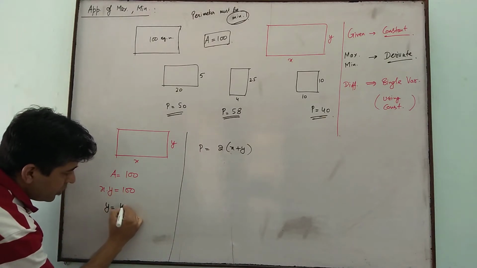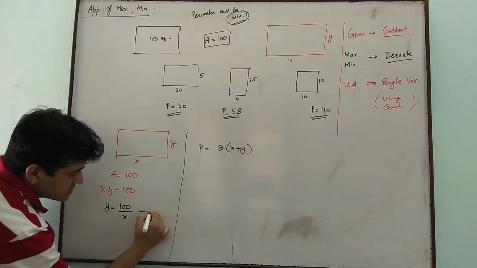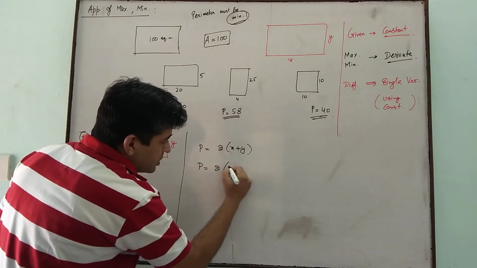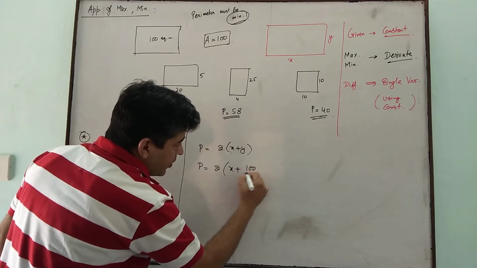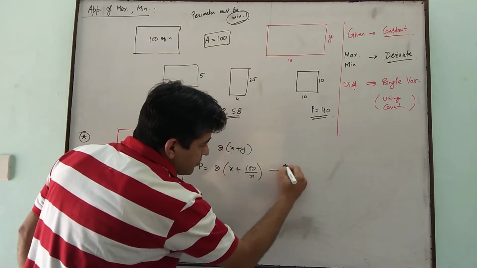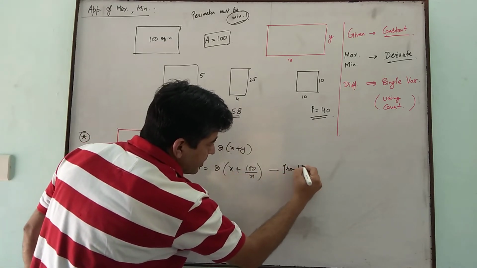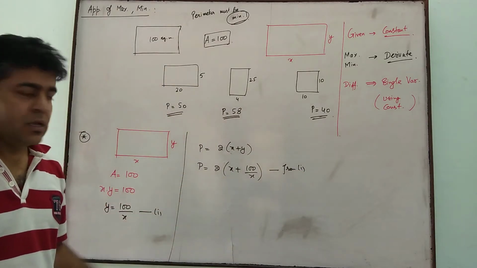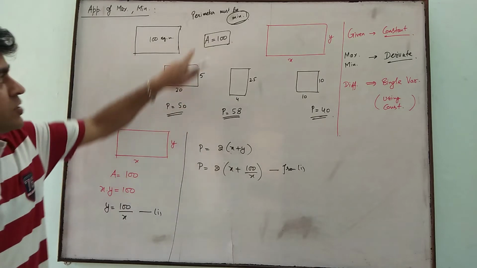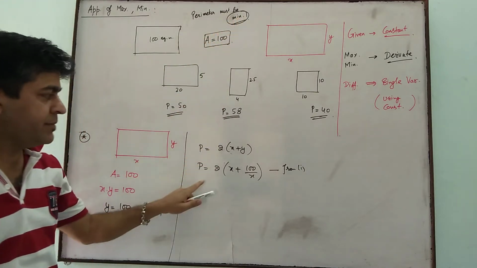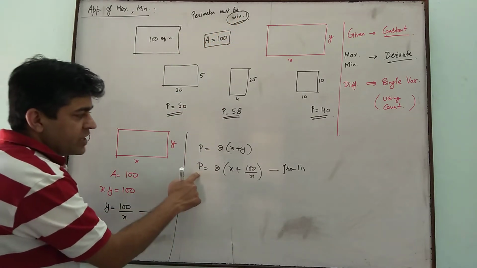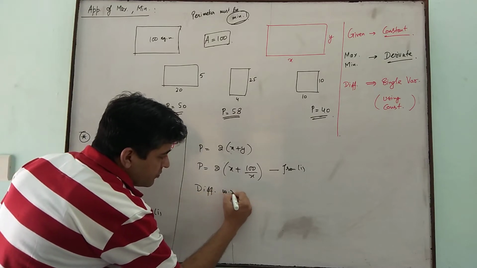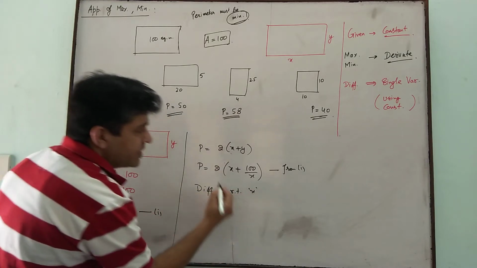y is equal to 100 divided by x, from equation 1 you can write. Now P depends on a single variable. P is the quantity we need to take as minimum. That parameter must be minimum. So we have to differentiate this P with respect to the single variable here, x.